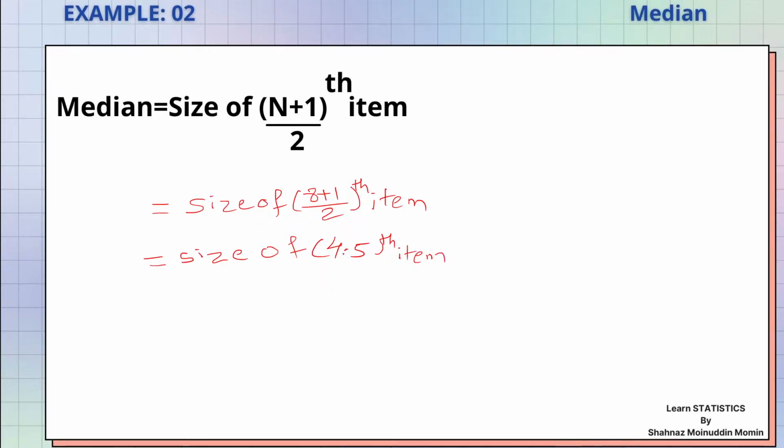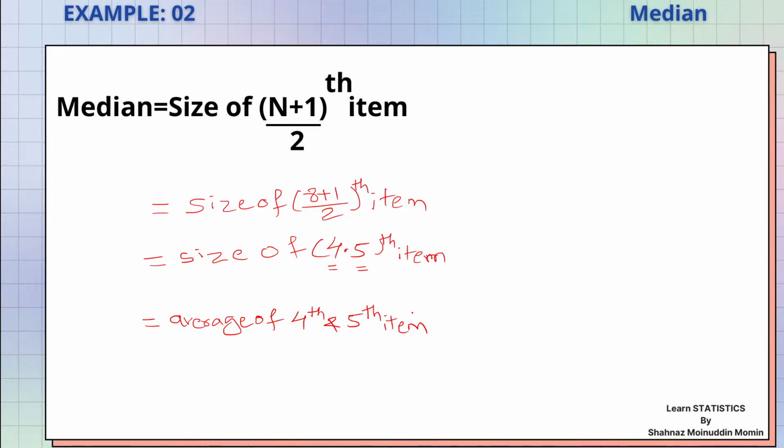This 4.5 is not a whole number, means the median lies between the 4th and 5th atom. Hence, to obtain the median, we take the average of the 4th and 5th atom in the arranged data. Median equal to average of 4th and 5th atom.